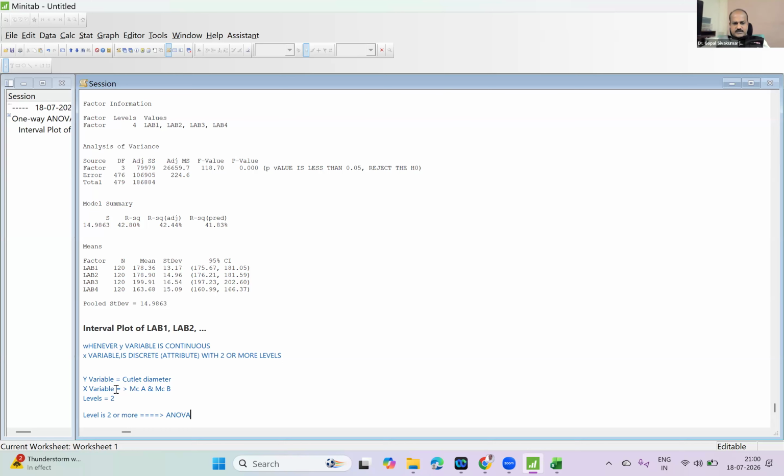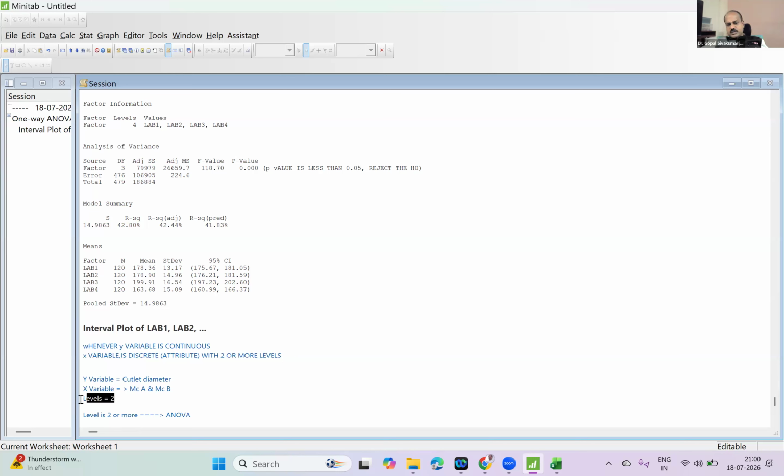So in this case also, cutlet diameter, 2 machines. Now your doubt is whether the diameter is dependent on machine type or not. When I have 2 machines, A and B, is the difference in the diameter caused by the selection of the machine or not? That is my question. So can I take this up as ANOVA again, all of you? Whenever the level is 2 or more, you can go for ANOVA.